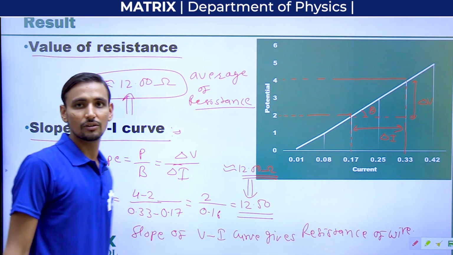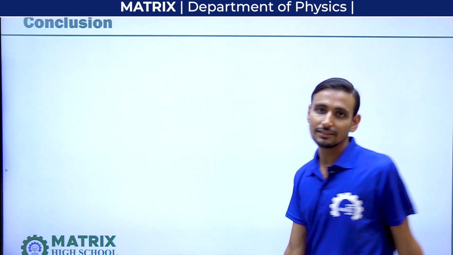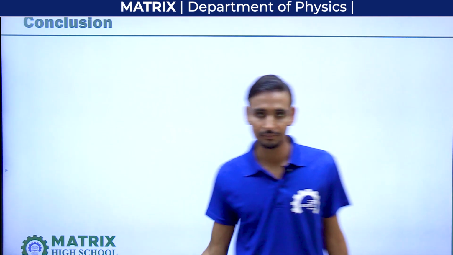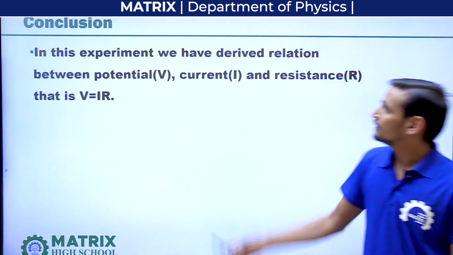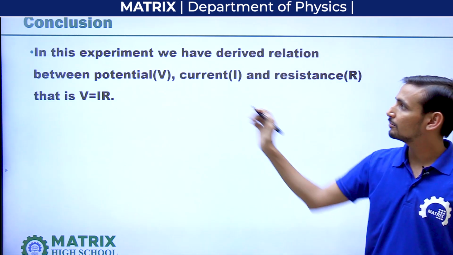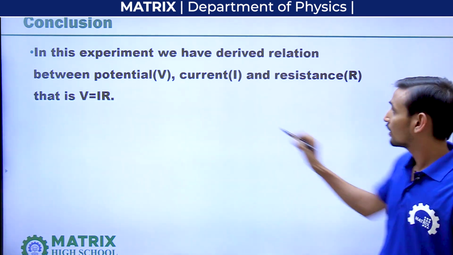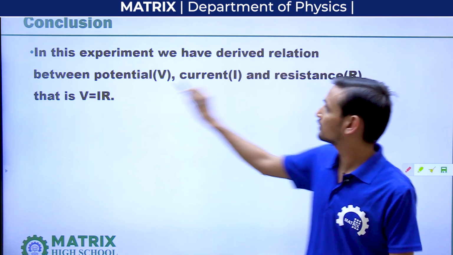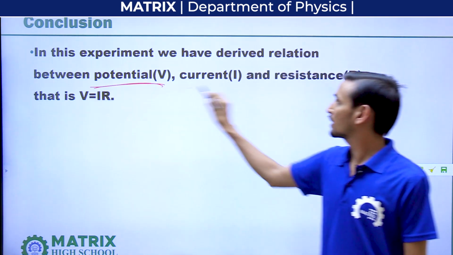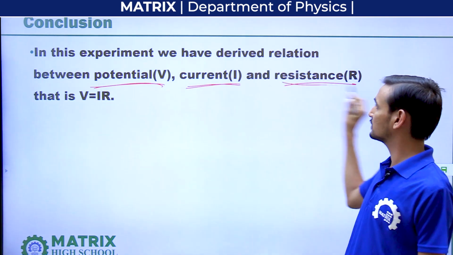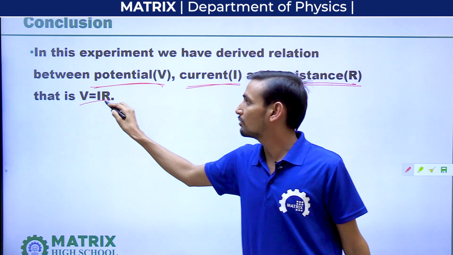So this is the result of this experiment. Next is conclusion of this experiment. In this experiment, we have derived relation between potential V, current I, and resistance R. That is V equal to IR.